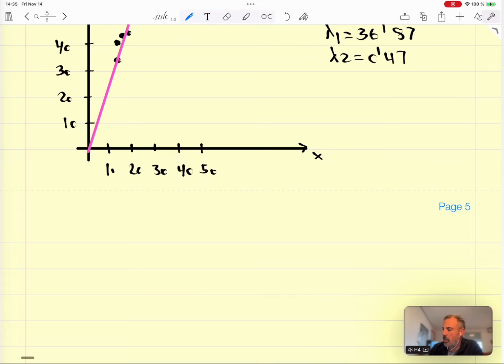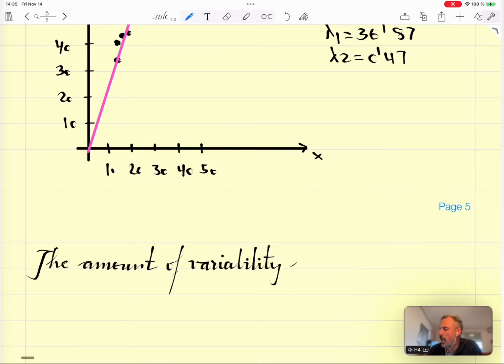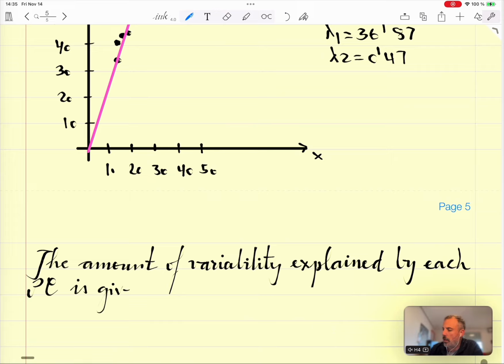The amount of variability explained by each principal component is given by the eigenvalues.